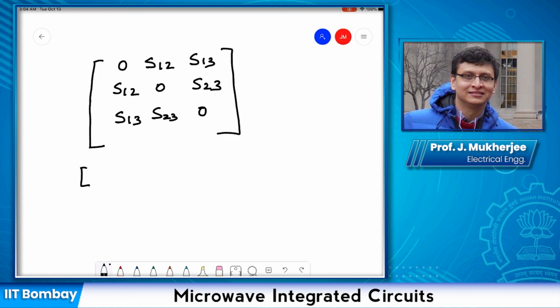Now if we apply the unitary condition for it being lossless to this matrix, what do we get?